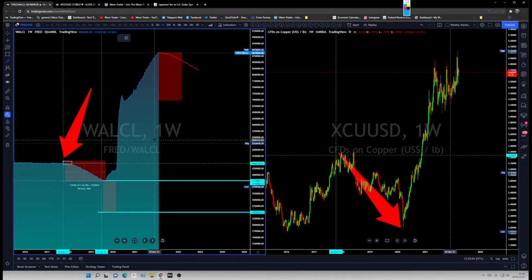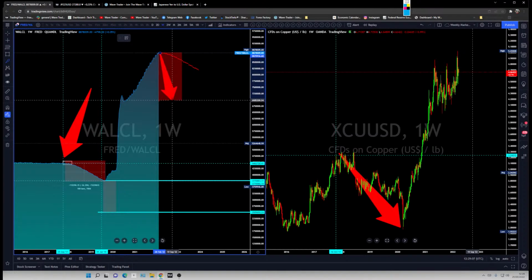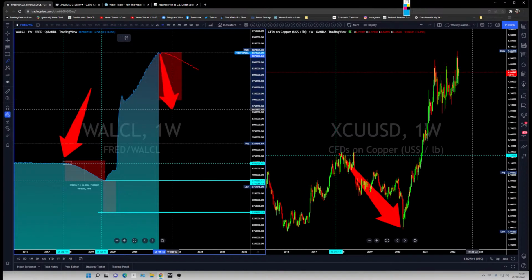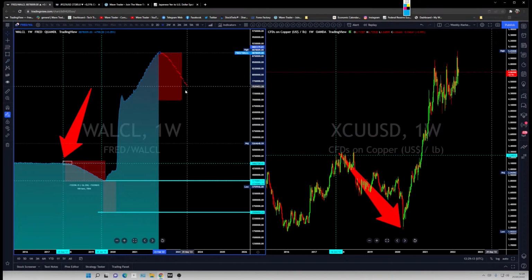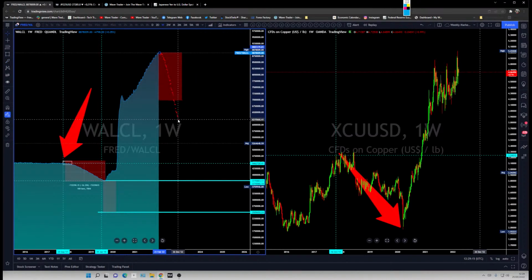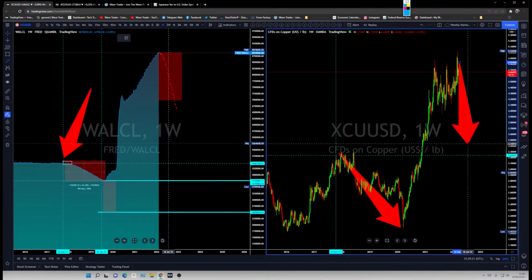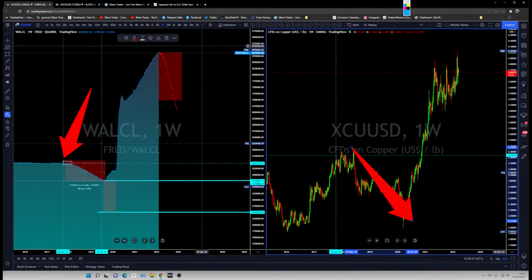Now they are saying the pace is going to be sharper to the downside, because they want to bring down inflation. If it is sharper like that, we're not going to have a corrective move; we're going to have a quick sell-off on copper and other inflationary assets.